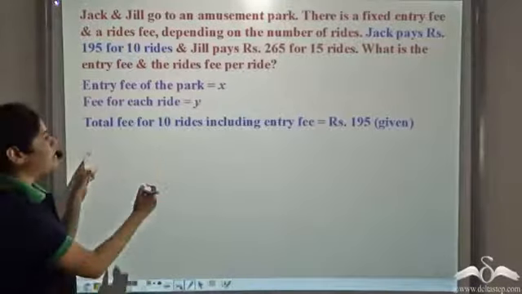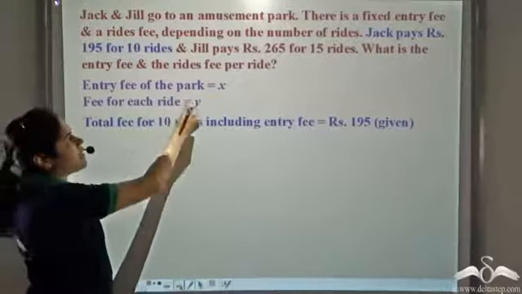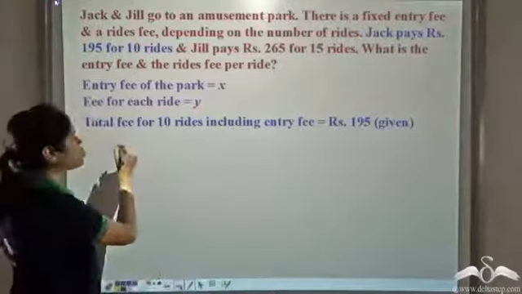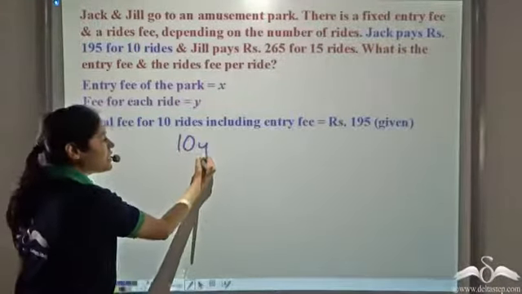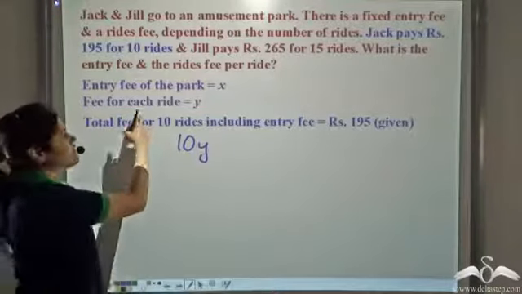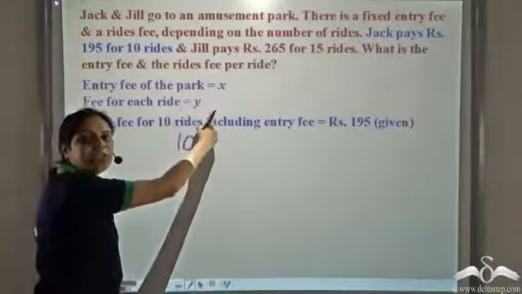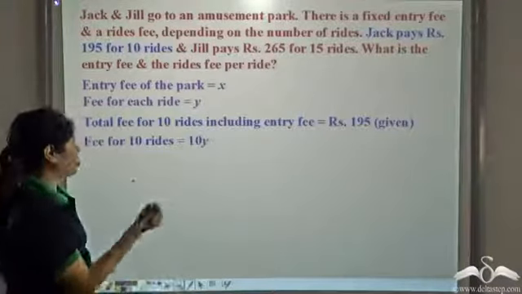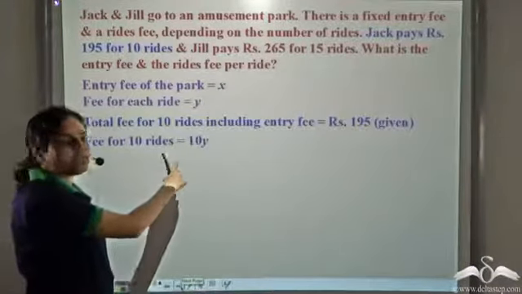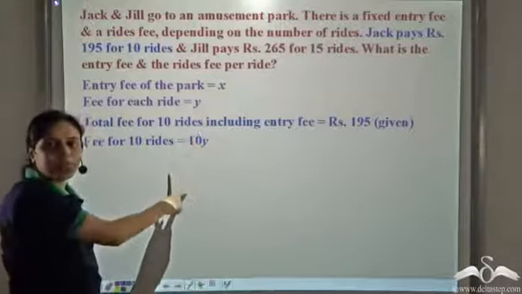Now, Jack takes 10 rides. So, for 10 rides, he has to pay 10y, because fee for each ride is y, so fee for 10 rides will be 10y.